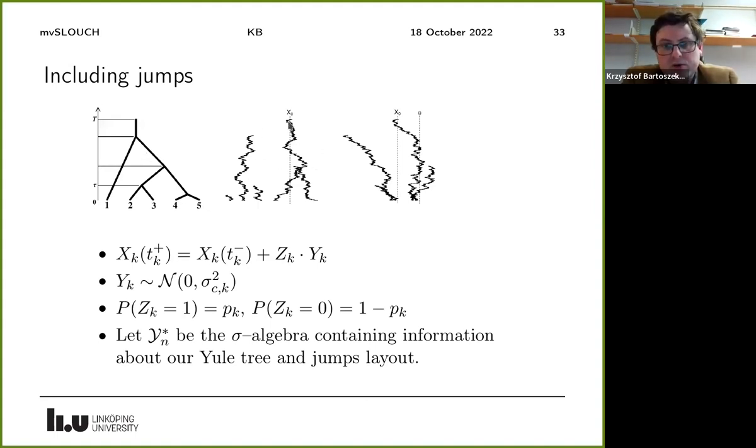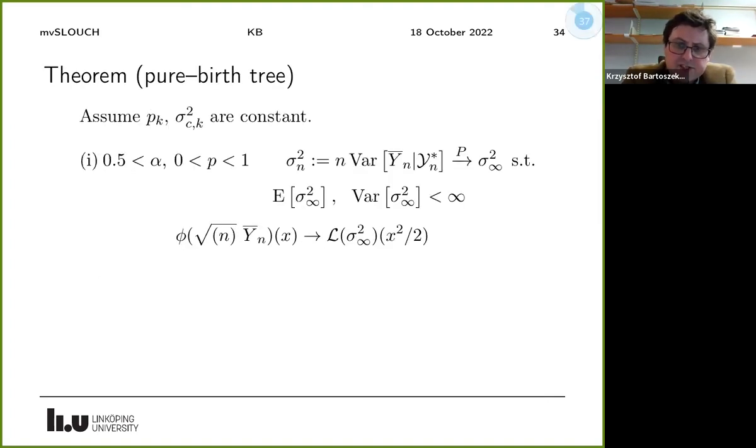So here we have our trait that's evolving on the phylogeny. Here's a speciation point, and at the speciation point, this trait just had a jump in the value along one lineage.